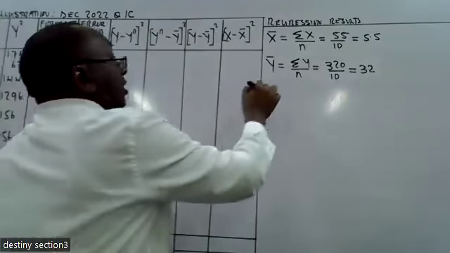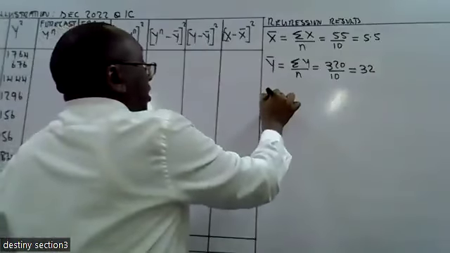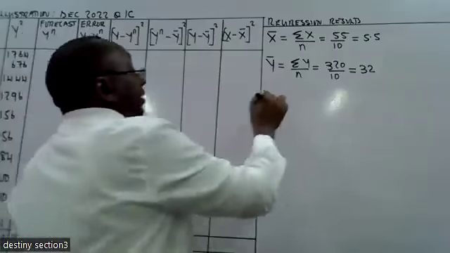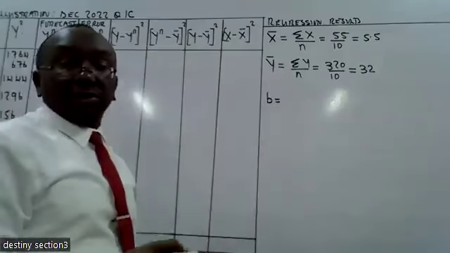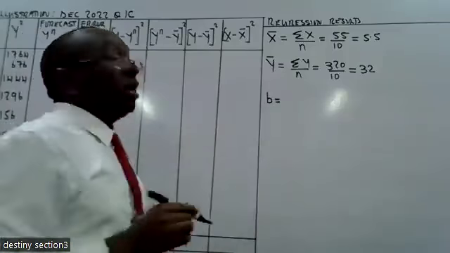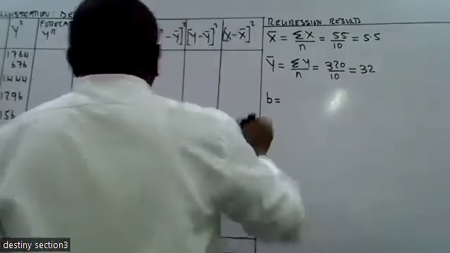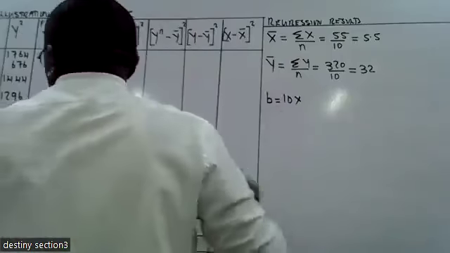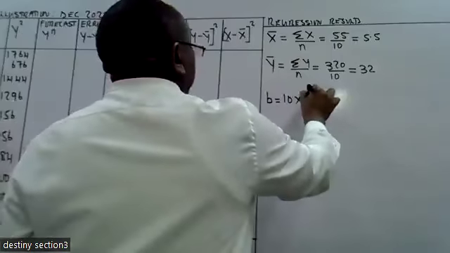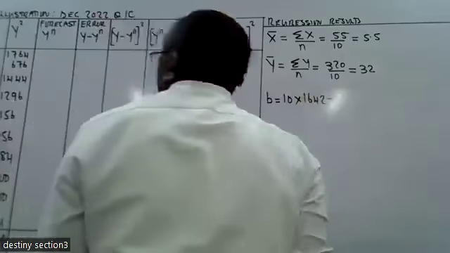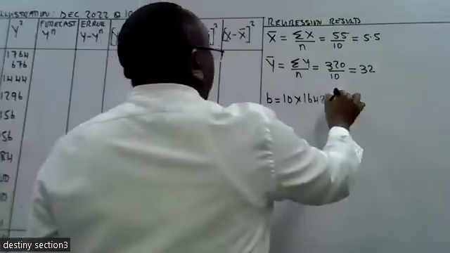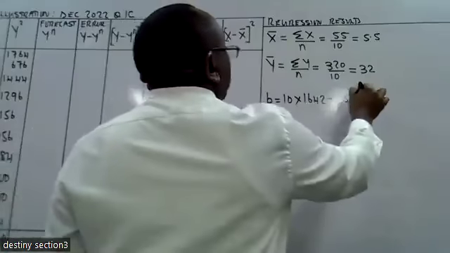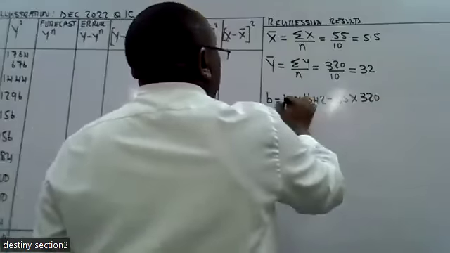Something else is the value of B. B is given as N, it's a formula because you already have it in the other questions. So B is N, which is 10, multiplied by sum of XY, which is 1642, minus sum of X, 55, multiplied by sum of Y, which is 320.